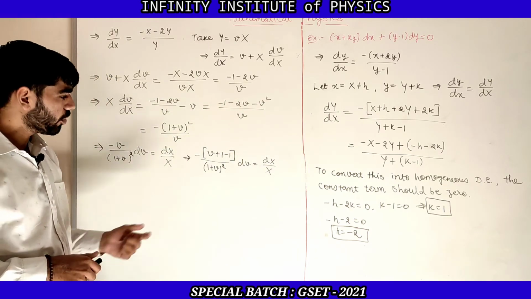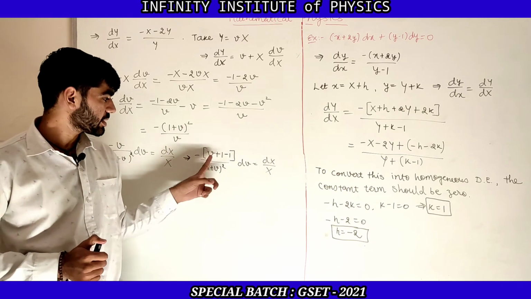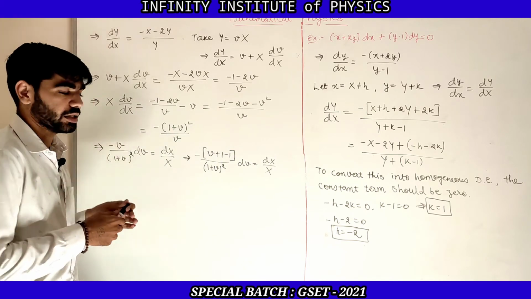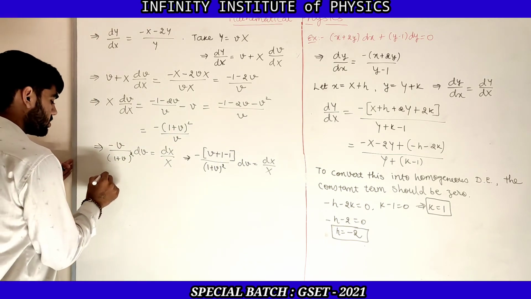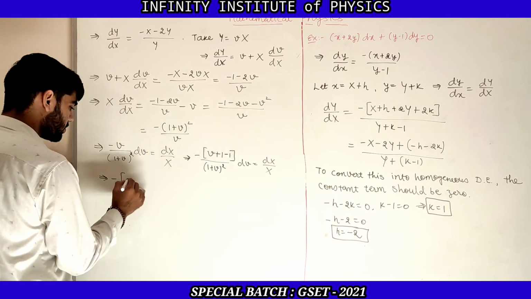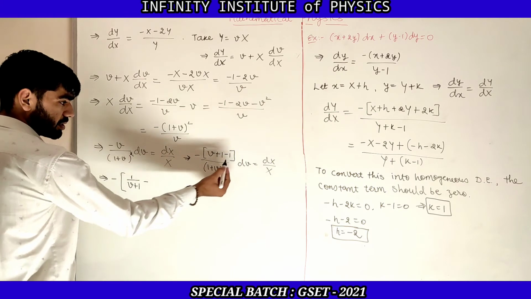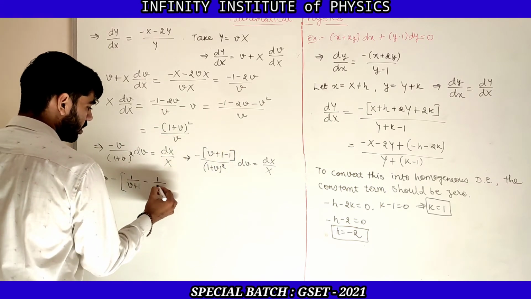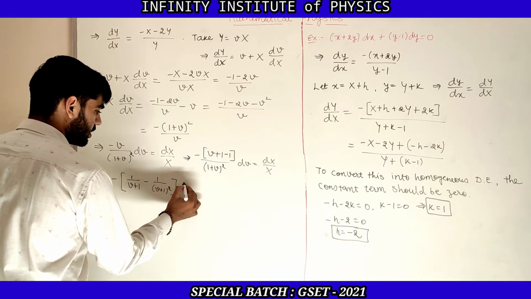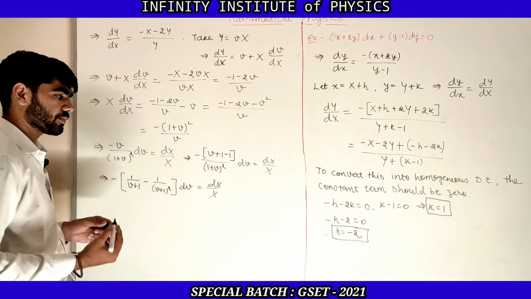Now what we are doing, we are giving this 1 plus v whole square in terms of v plus 1 in the numerator and denominator, then it will be minus of v plus 1 upon v plus 1 whole square, so it is only 1 upon v plus 1 and plus, with the minus sign, 1 upon v plus 1 whole square dv, which is equal to dx upon x.